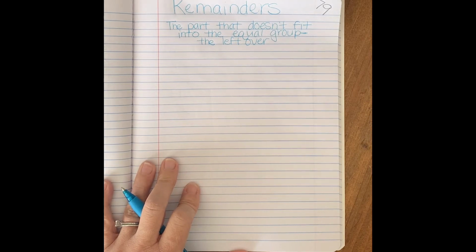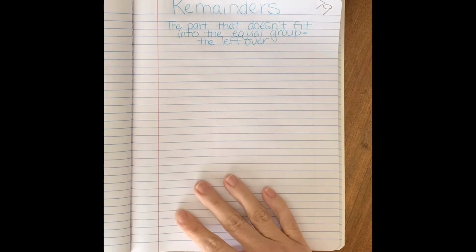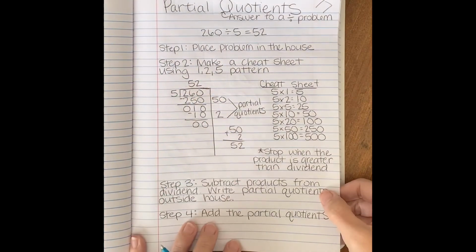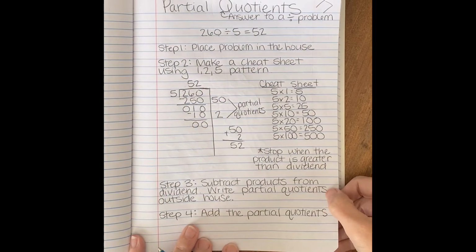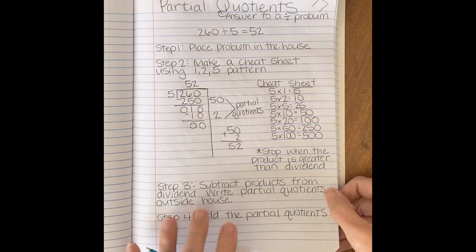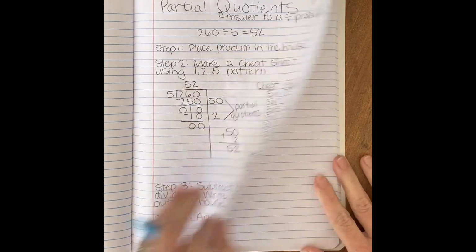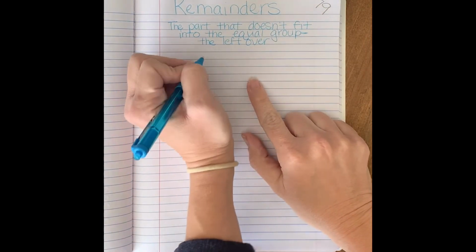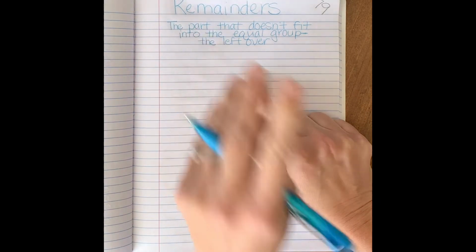So this week we're not going to write down steps because you have your steps right here. It should be on the page right before what you're writing. The steps are not changing. So what we're going to do is write down this problem two ways.